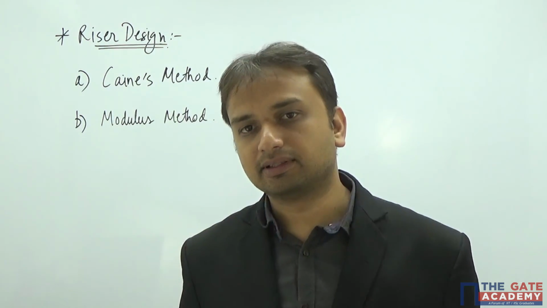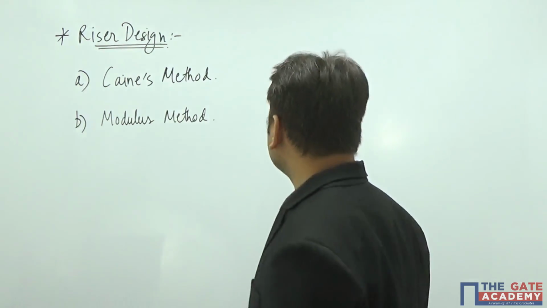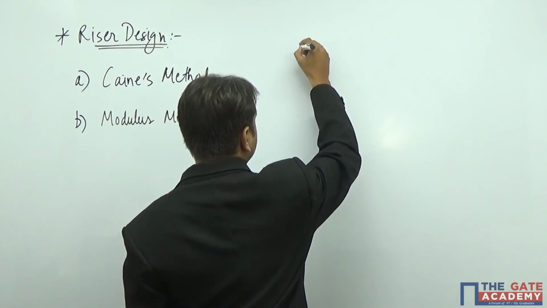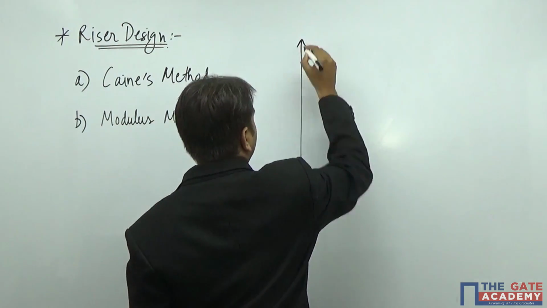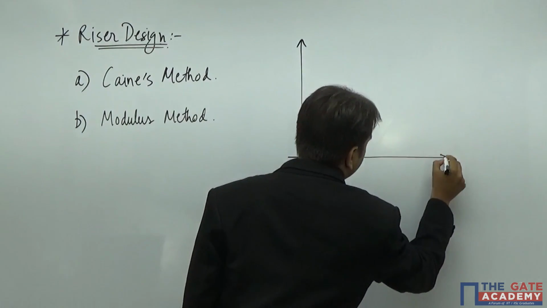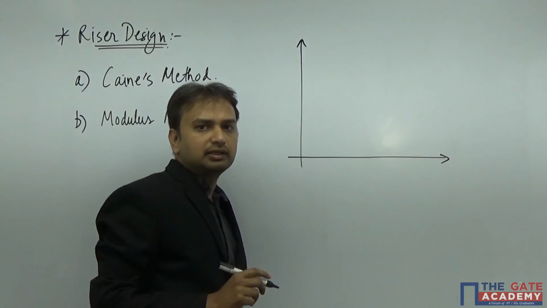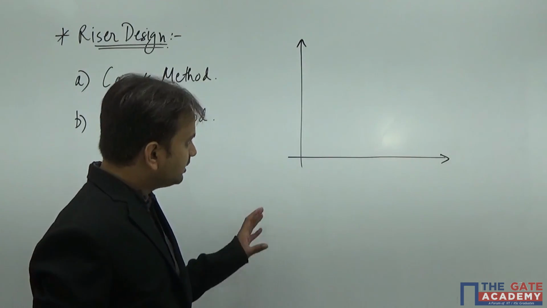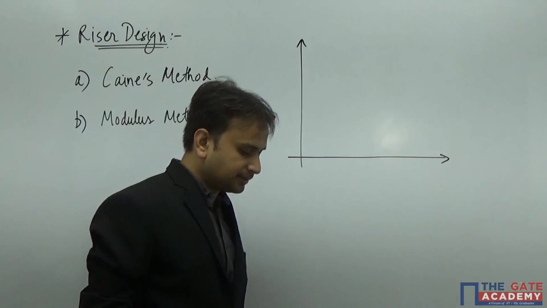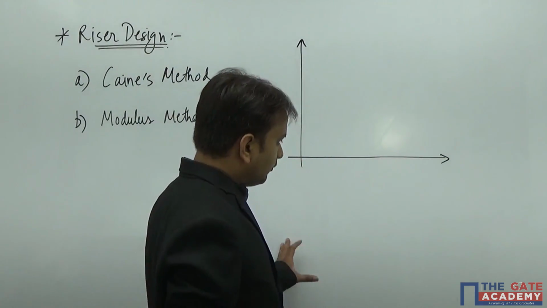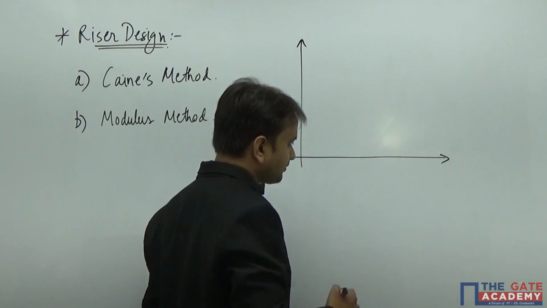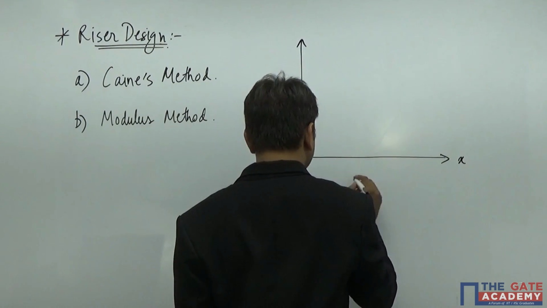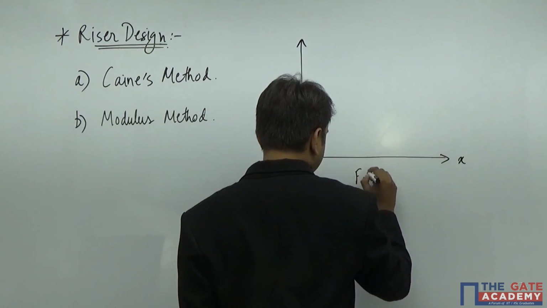So what Keynes method says is that the adequacy of the riser can be judged by comparing it against a graph. Okay, now what is that graph? He gave one graph, where the x-axis indicates the freezing ratio.